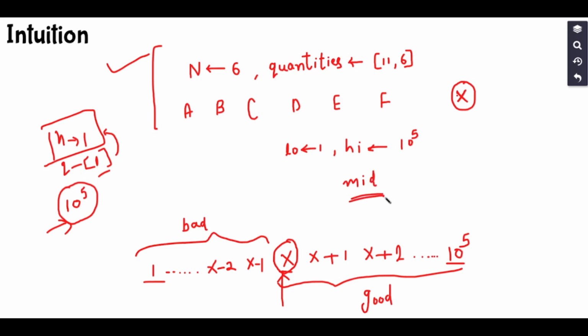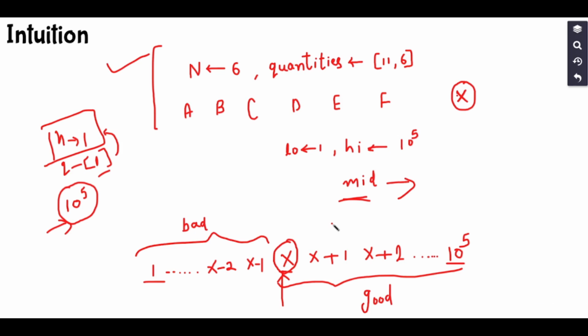What does this represent? This represents that I'm assuming that the mid is the answer, or mid represents the minimized number of products which can be delivered, or mid represents the minimum of the maximum products delivered to all the stores. That's my answer.